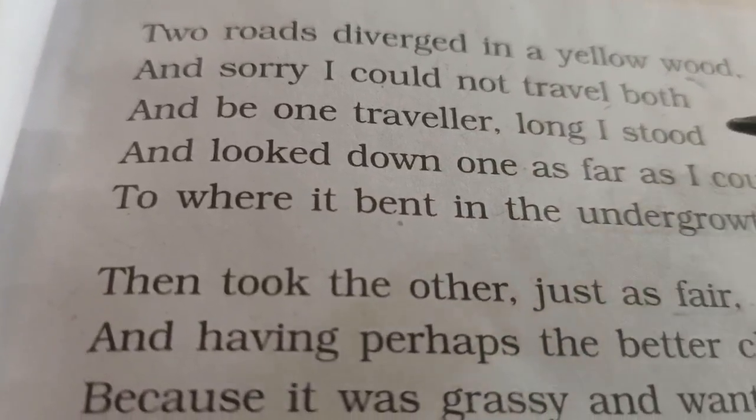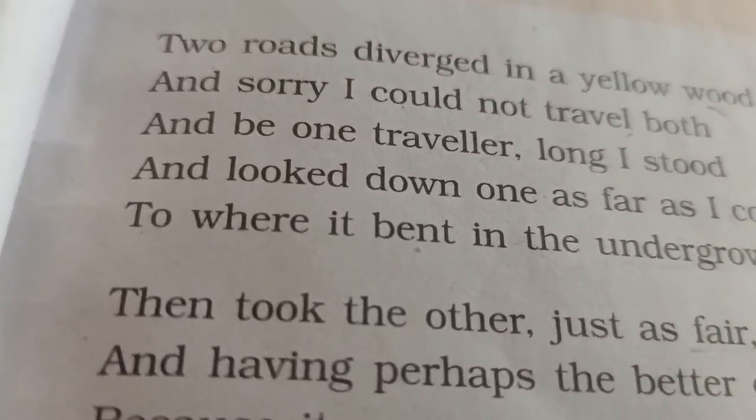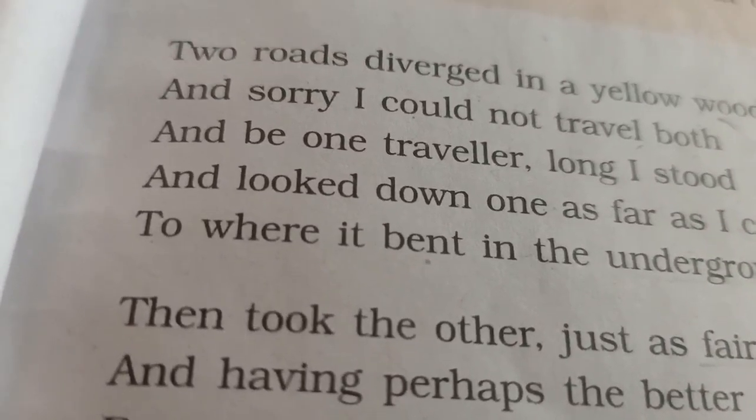And be one traveller, long I stood, and looked down one as far as I could. He was standing in the middle, and being one traveller, he couldn't decide which road is more appropriate to reach his destination, to where it bent in the undergrowth. So the poet says that he doesn't understand where the road turned.